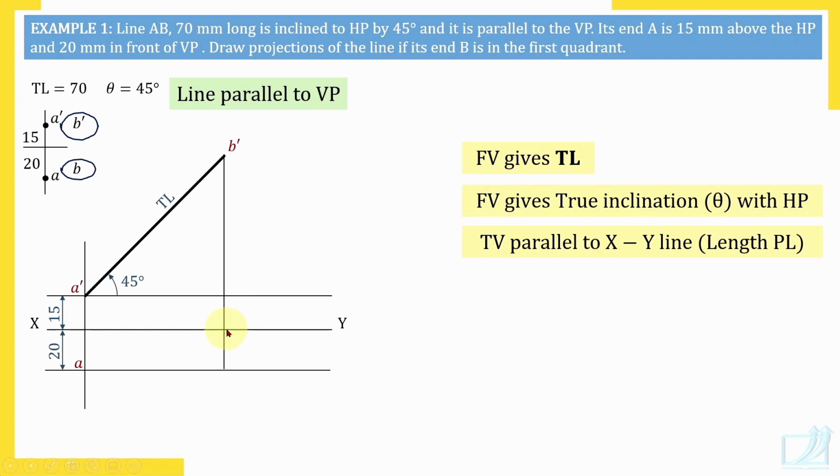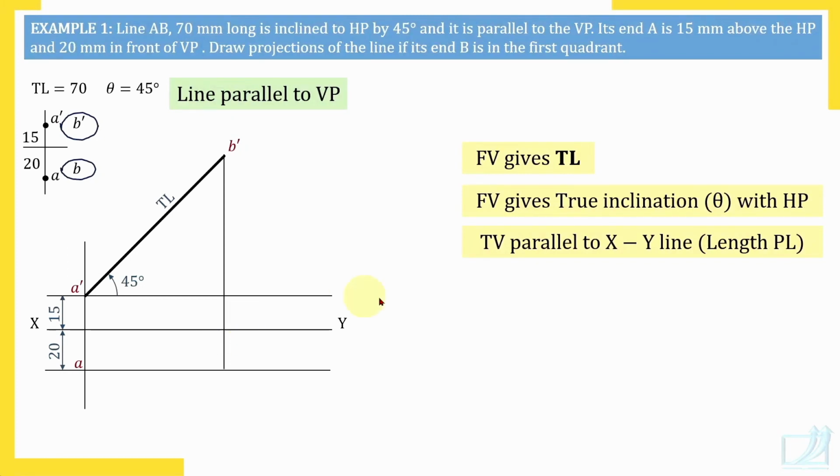You are not at all confused in that, because you already know that in this problem top view is parallel to XY line, means AB is parallel to XY line. So that means here it is point B. Point B is on this vertical line because two views of a point lie on the same projector, and we also know that AB is horizontal, so certainly this point is point B.